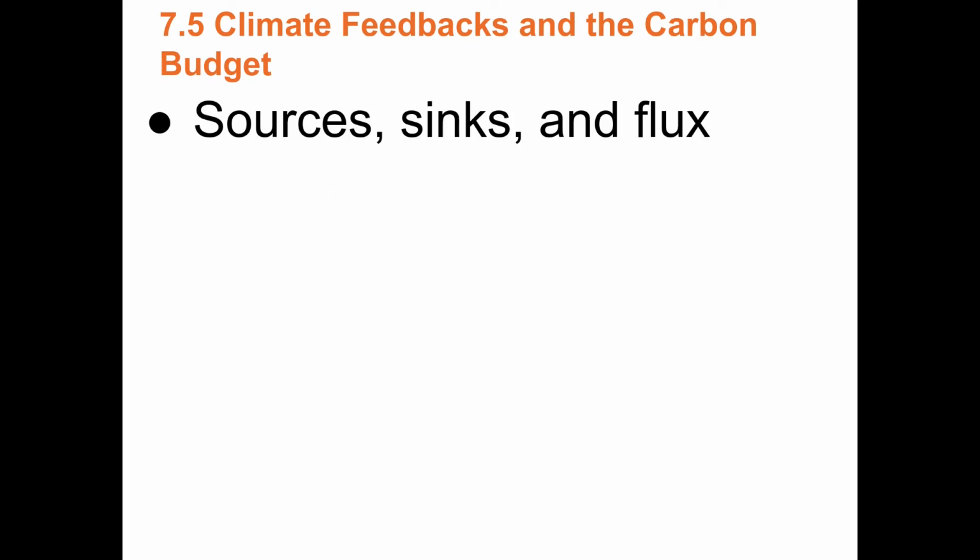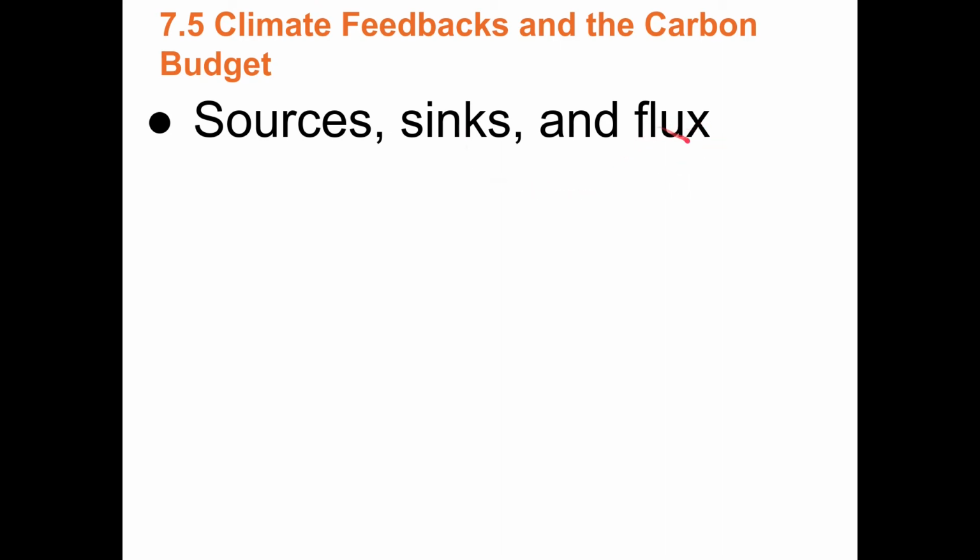Carbon. Let's talk about carbon. I made those words big because they're important. You've got sources. Sources are places that emit carbon, like cars. Sinks are places that store carbon, like plants absorb carbon dioxide, so plants are a sink. Soil absorbs carbon dioxide, that's a sink. And then flux.